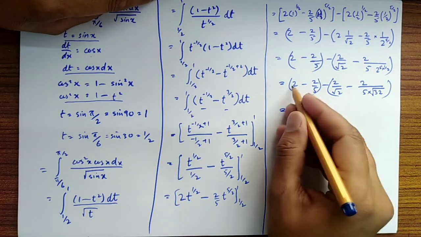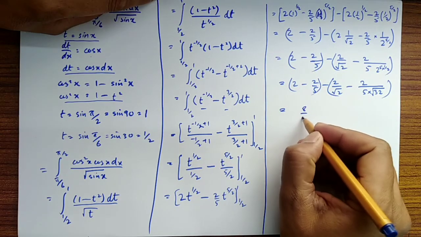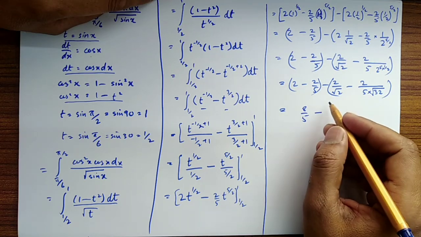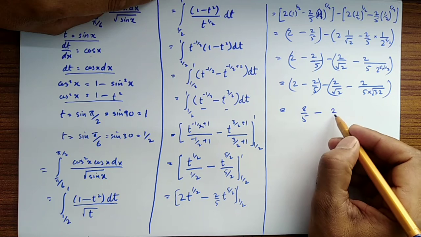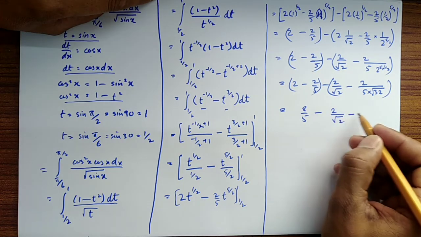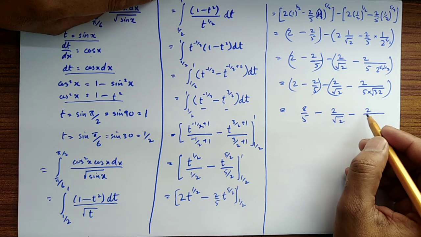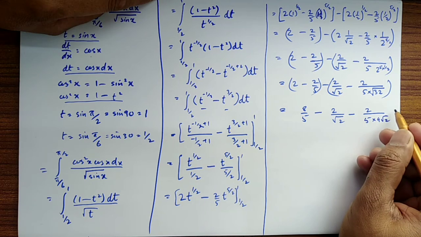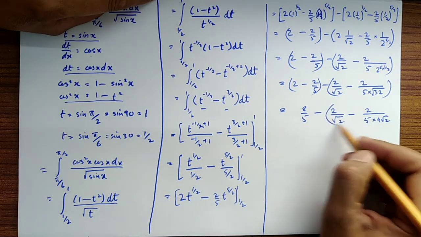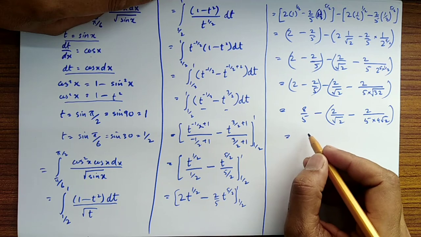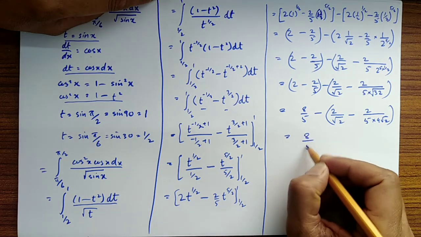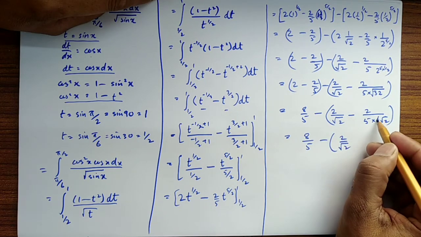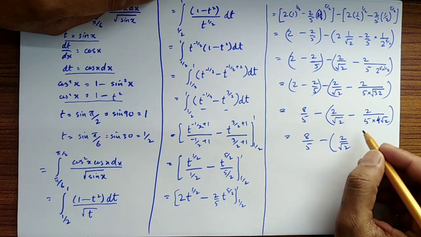So 5 2s are 10, 10 minus 2, 8 upon 5, minus you can simply now write this as 2 upon under root 2 minus 2 upon 5 into 4 under root 2, inside brackets. So further we can write 8 upon 5 minus 2 under root 2. The main problem is here we are simplifying this one part only.